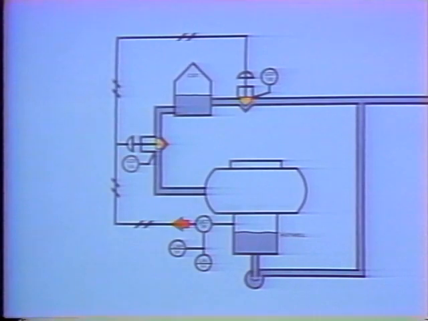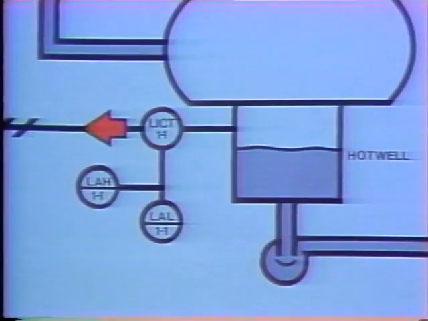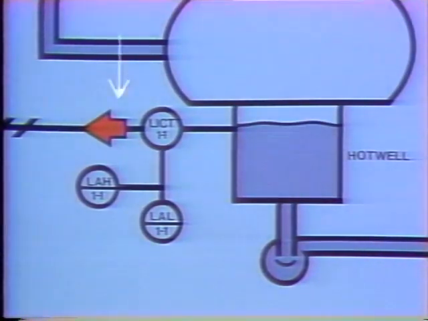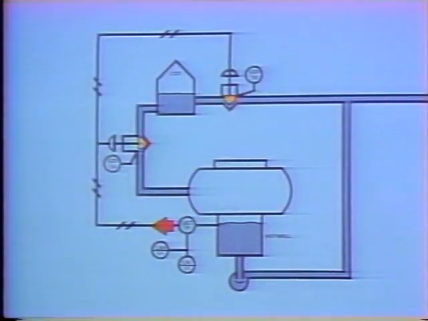A similar thing happens in the dump line. If the condenser hot well level begins to increase, the signal from the transmitter to level control valve 1B will increase. This time, control valve LCV1B will begin to open.